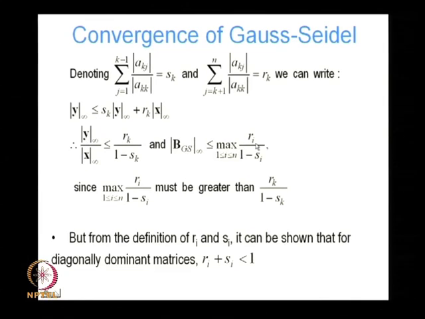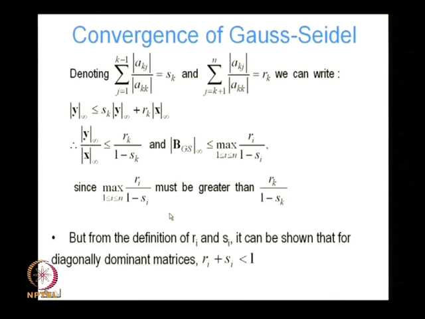Obviously, this maximum of Ri by 1 minus Si must be greater than any value rk by 1 minus sk. So, if we replace this on the right with the maximum of that, this has got to be less than this.